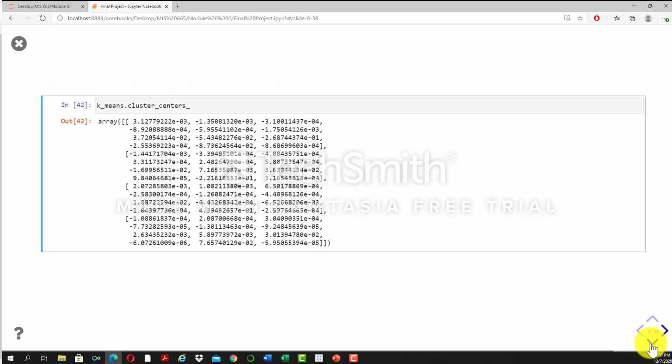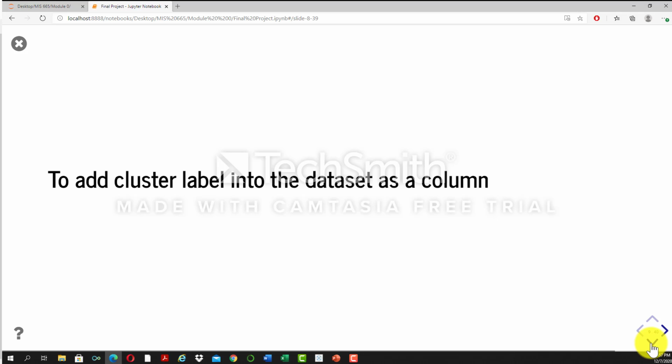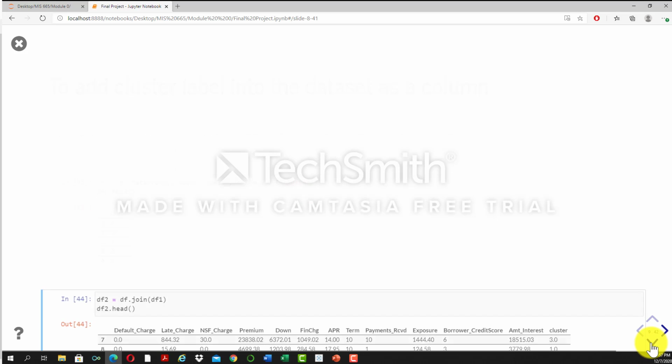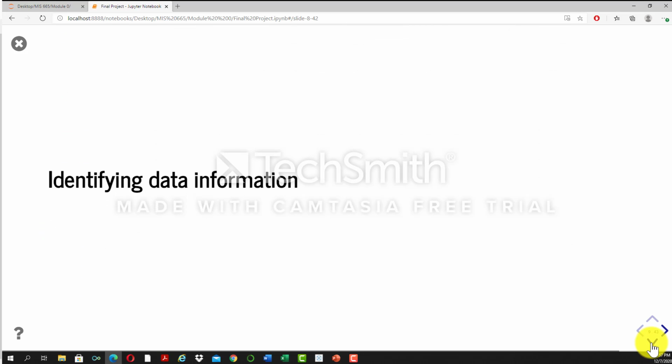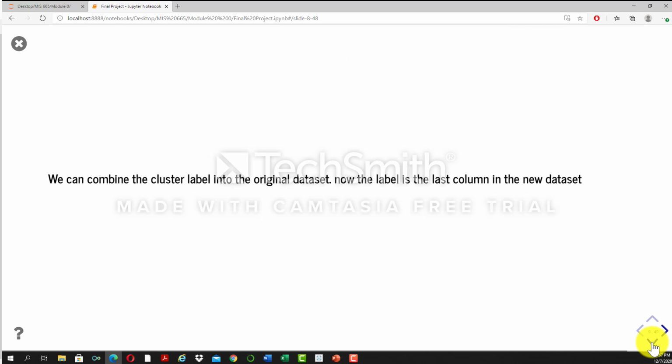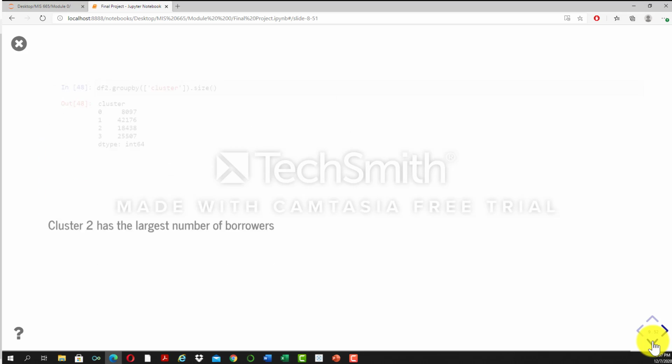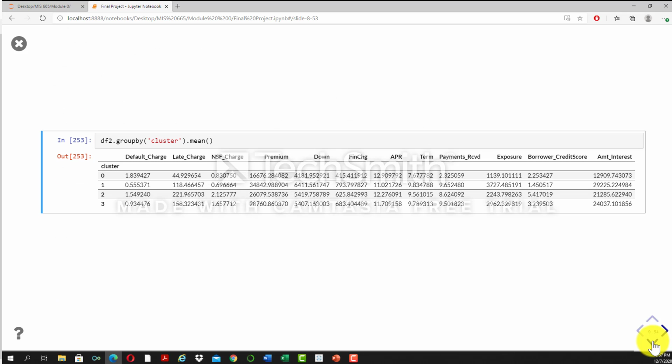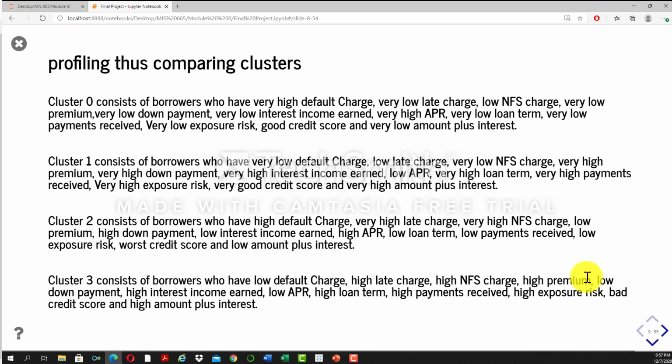Then we get our centroid. We move on to adding it to the data set. The biggest point of this analysis is to do profiling. So we're going to do our profiling not with a normalized data set, but with the original data set.